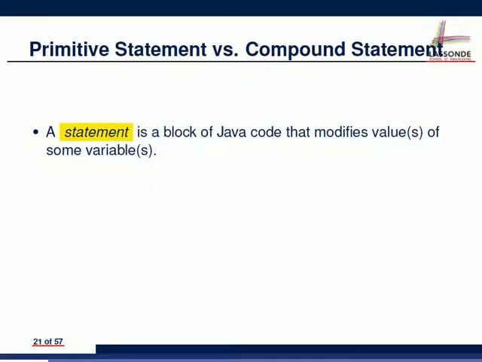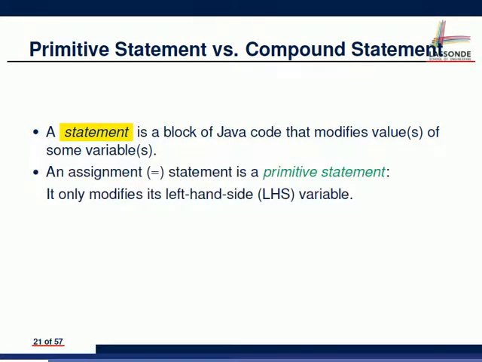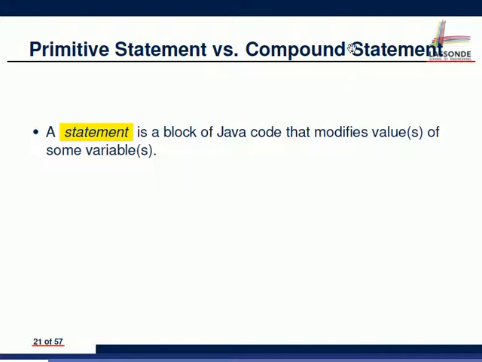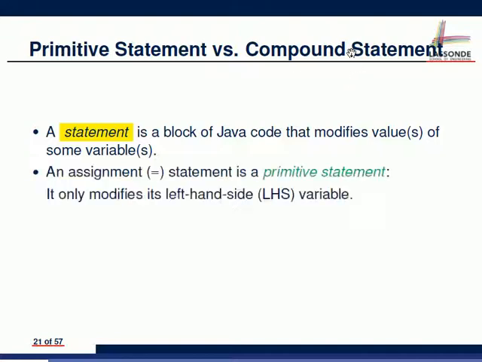Statements can be either primitive or compound. The definition of primitive is easy: the only primitive statement we have in this course is an assignment. You assign some source value into some target variable. Very simple, just a single variable to be modified.